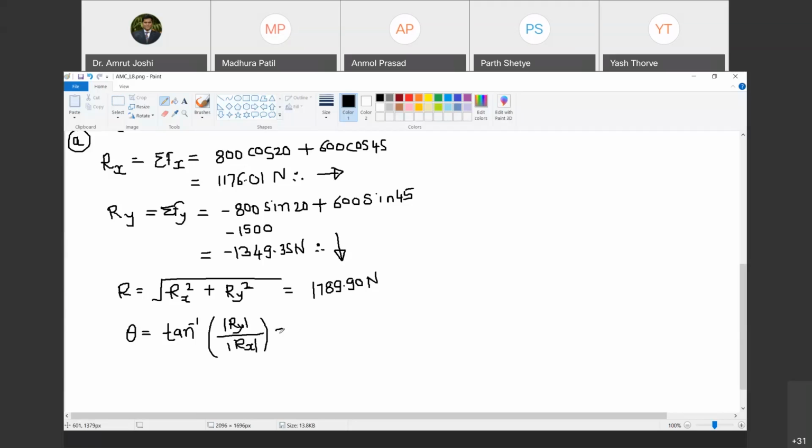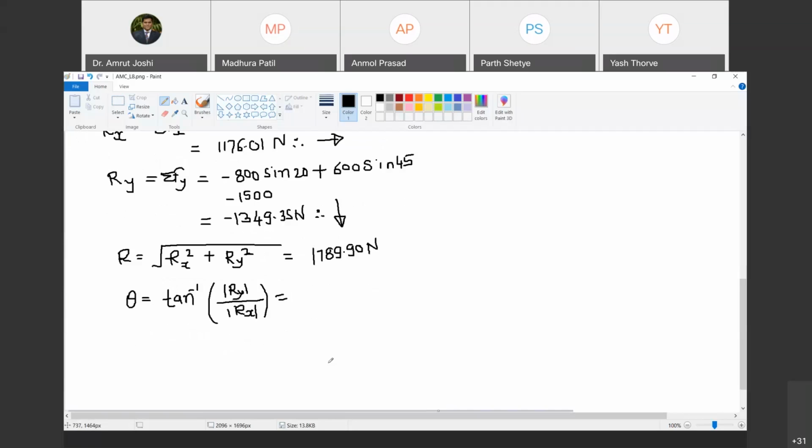Tell me how much is theta. It is 48.926 degrees. Great.